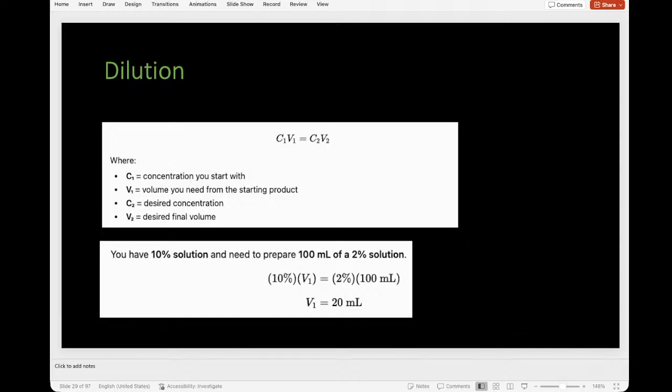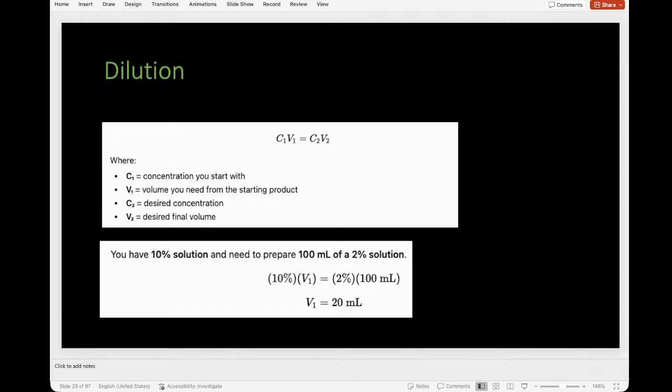So you'll have situations where you have to do some conversion, where you have a 10% solution and need to prepare 100 milliliters of a 2% solution. So this is the equation C1V1 equals C2V2. You'll basically plug in the values here, and you wouldn't really need to include the percent in the problem by itself.